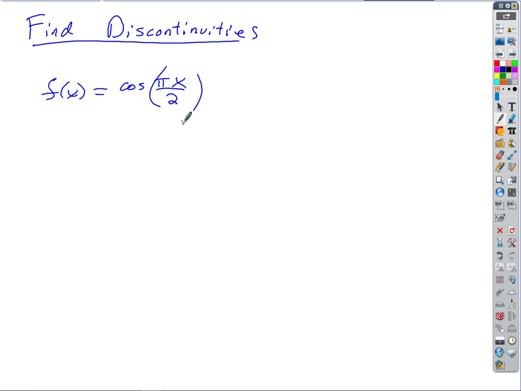Okay, so we see a hand. Something. For f of x.